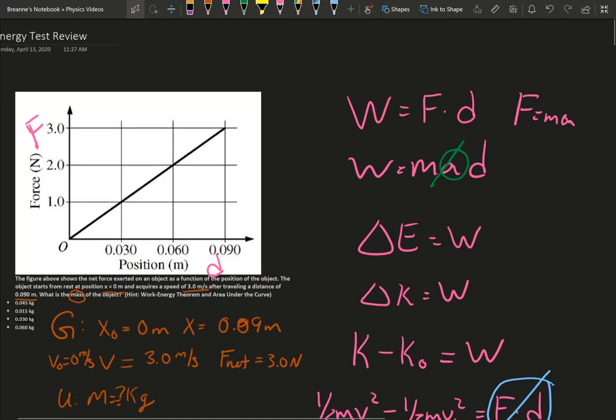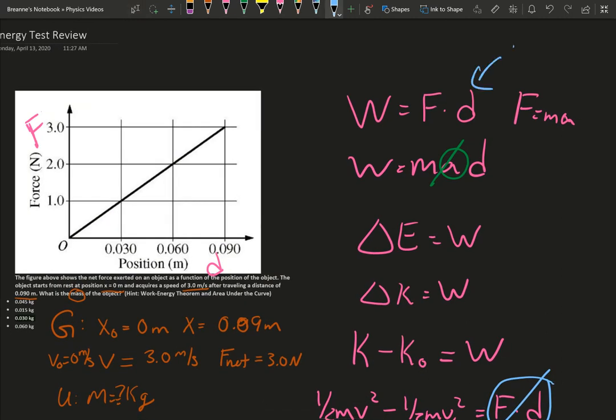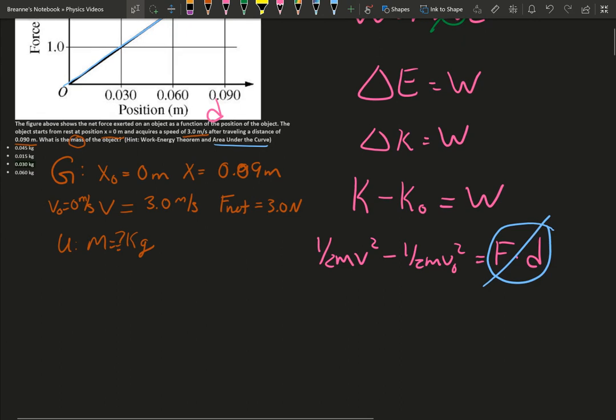Your force times distance equation only works if force is constant, and obviously, our force is not constant. So that's where area under the curve comes into play. Work can also equal the area under the curve if you're given the graph. Remember, we put curve in parentheses because it's really not a curve, it's a line, but you get the idea.